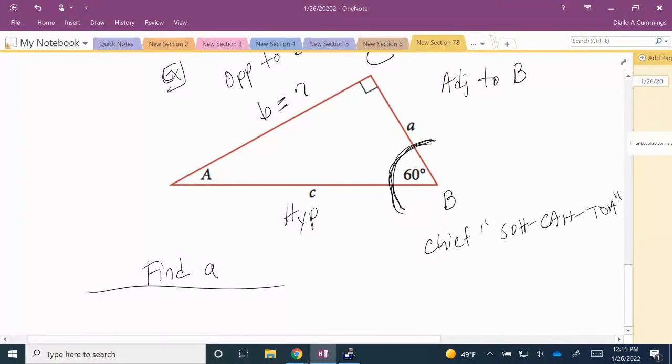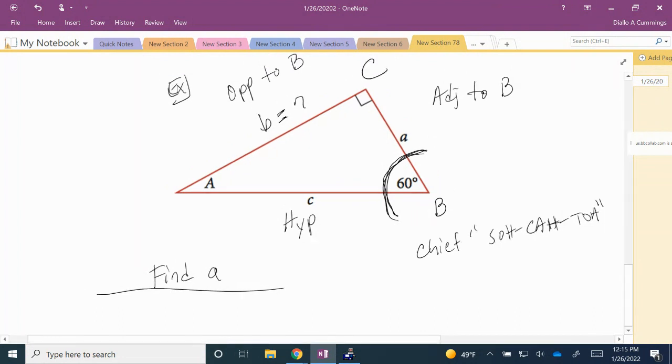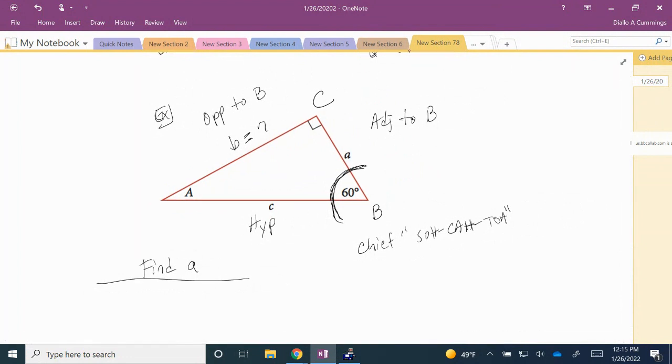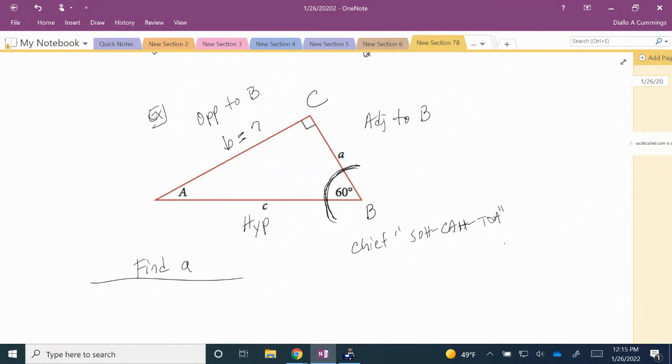We're going to use it to set up our trig functions. We have three parameters: an angle measure, and then some combination of the opposite, the adjacent, and the hypotenuse. If I look back at the given information, I know my angle measure and I know my opposite.